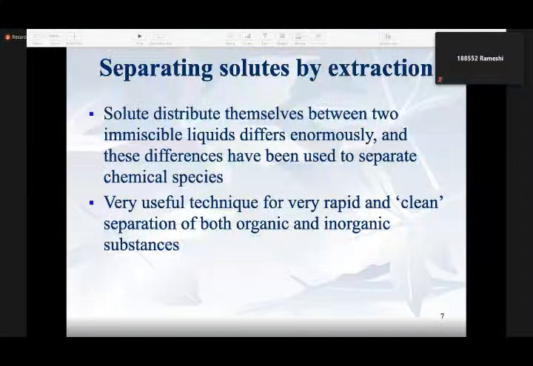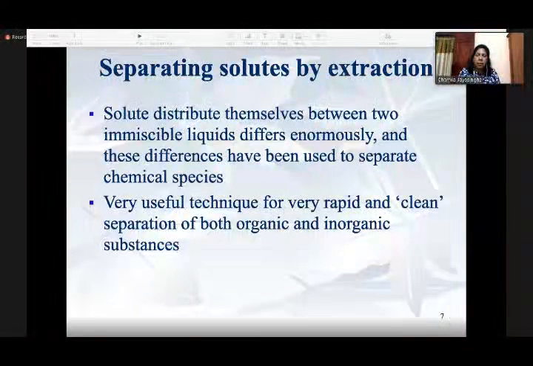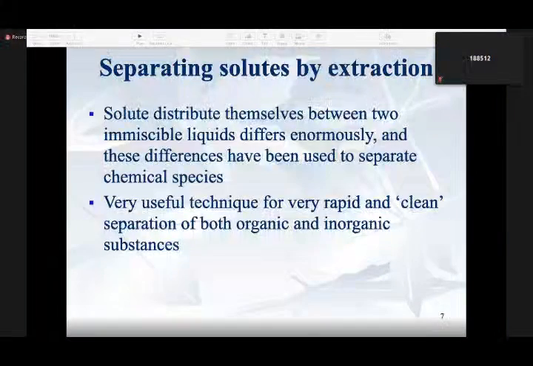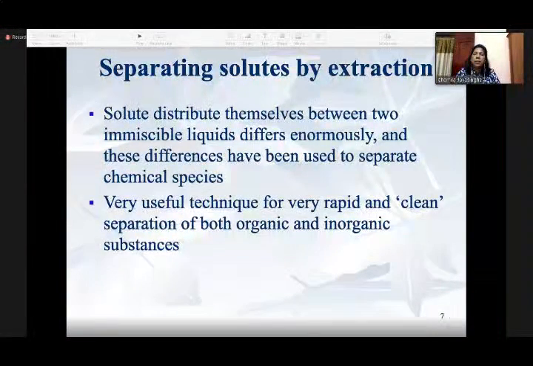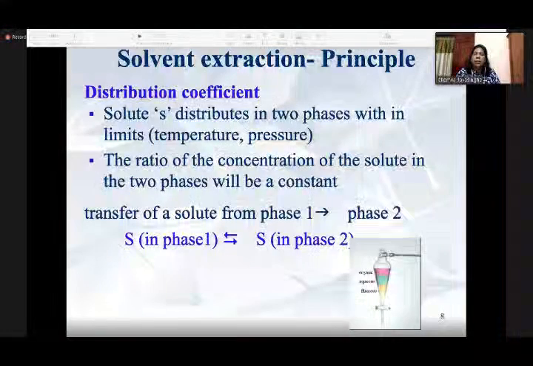Because if you are going to analyze organic substances or inorganic substances, in such situations, separating solids by extraction is really important. So let's see what it is. Here, we have to learn the solvent extraction principle, because there are two phases.